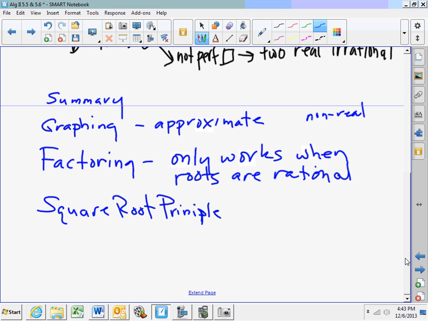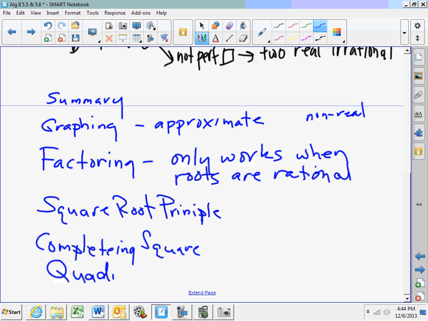But we used the square root principle to complete the square, and then completing the square and the quadratic formula are the two very powerful methods of solving quadratic equations, and that will give you solutions to all equations.